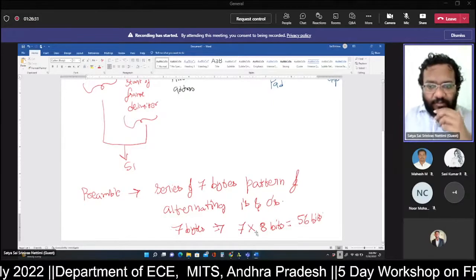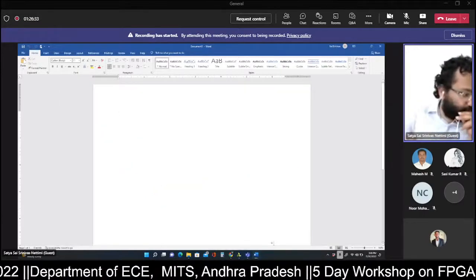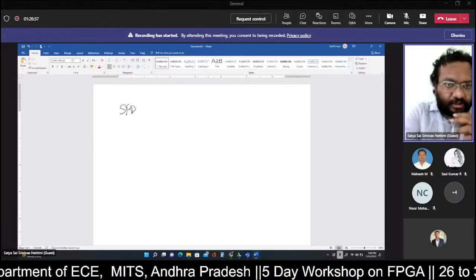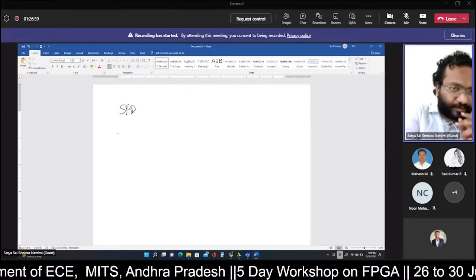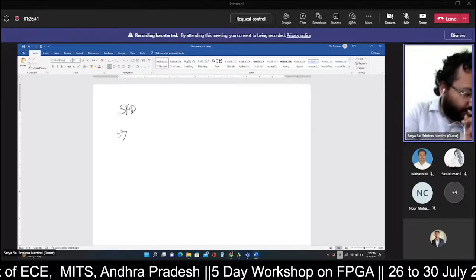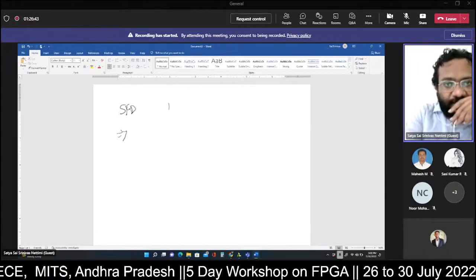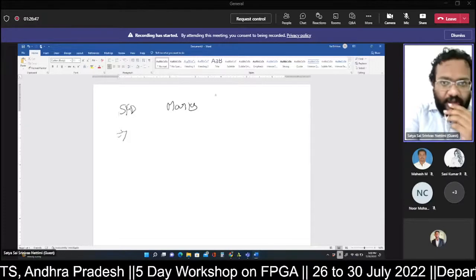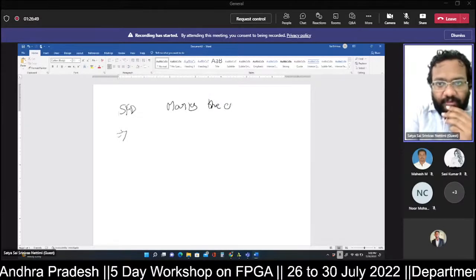So the preamble goes like this, and for the start of frame delimiter, we will check what the format of SFD is. The significance of SFD is that it marks the end of the preamble.